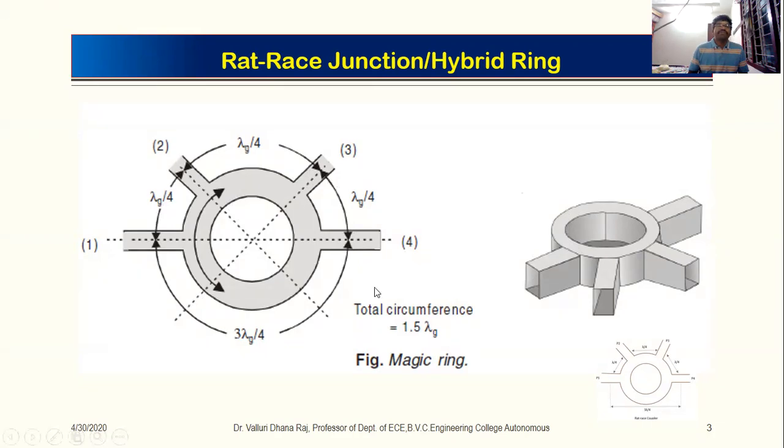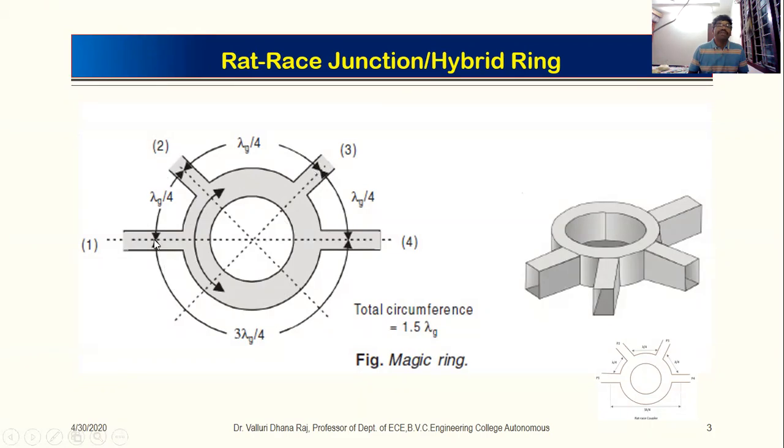Coming to the operation, when we are giving excitation at port 1, the power will be divided equally between the ports 2 and 4. In the clockwise direction, it is coupled to port 2. In the anti-clockwise direction, it is going to be coupled to port 4. And there is no power coupled to port 3. Why is it not so?